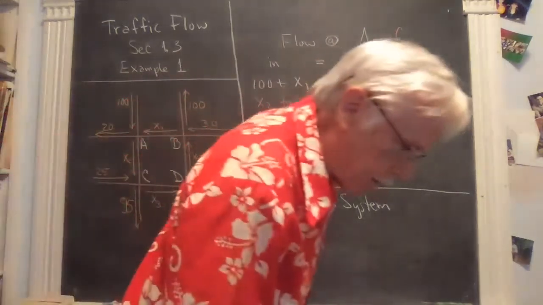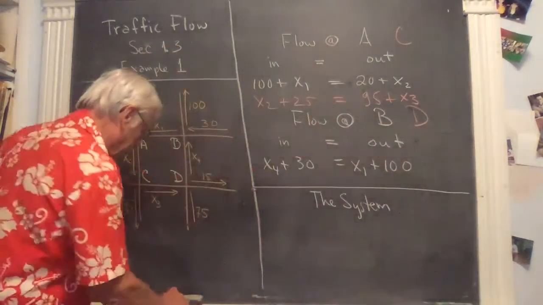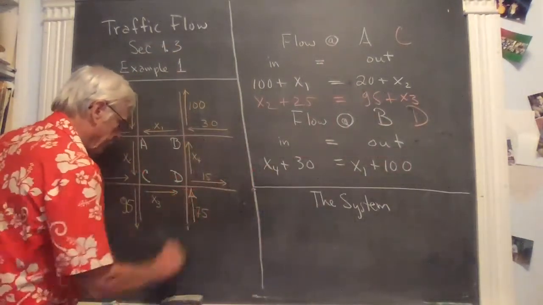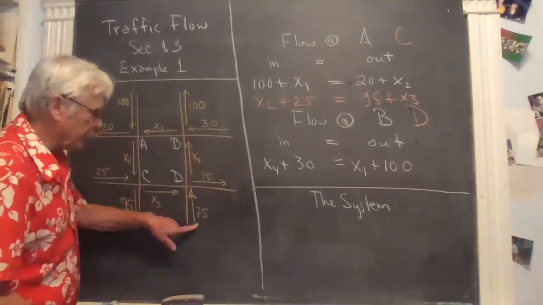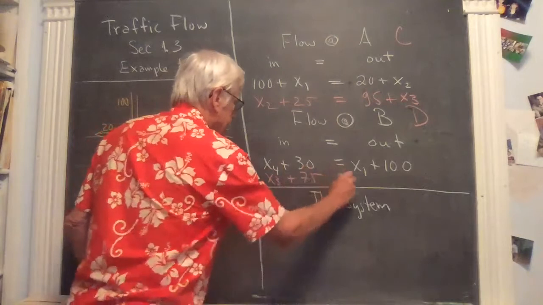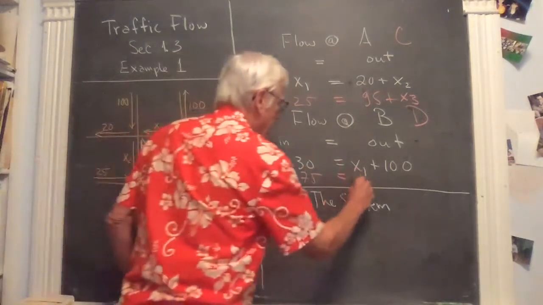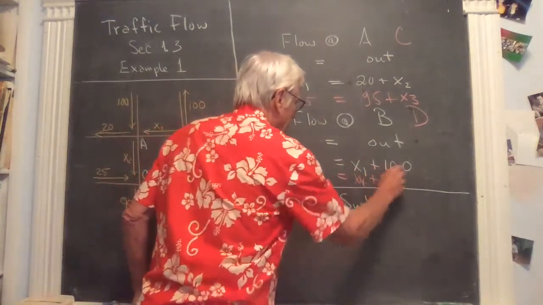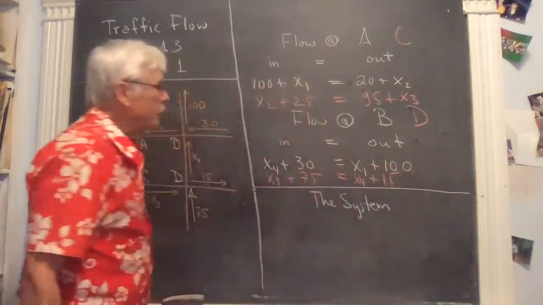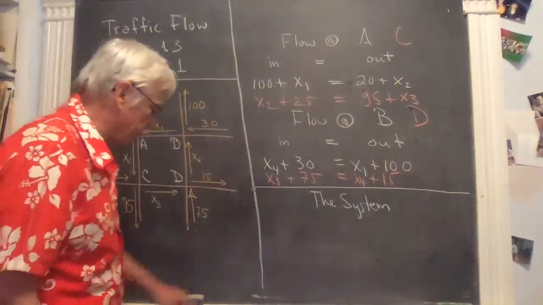Let me make sure I've got the arrows right. I do not. The 75 is inflow as well. So the inflow is X3 plus 75. And the outflow there is X4 and 15. So you've got 4 equations, 4 unknowns. We'll take a look at the solution.